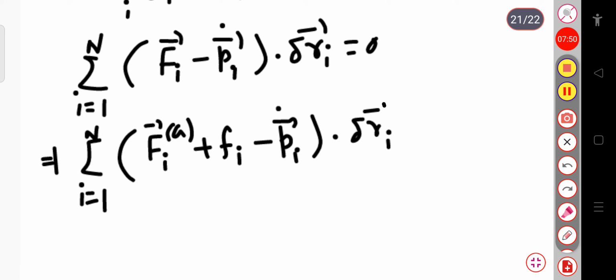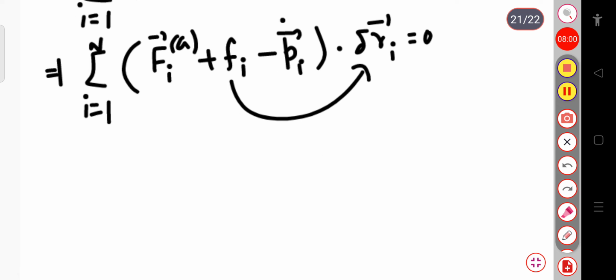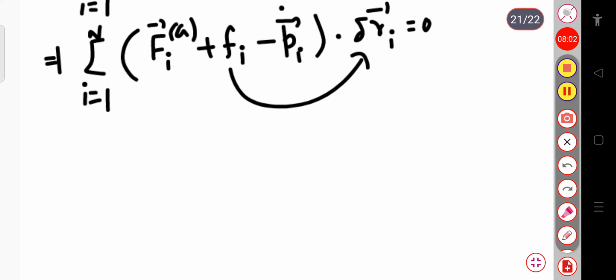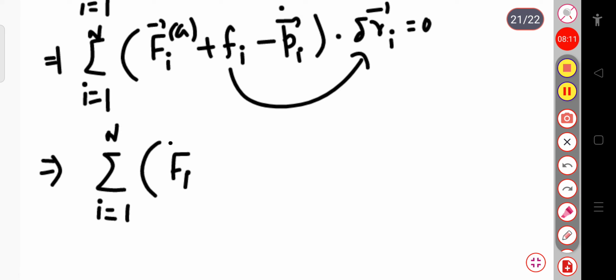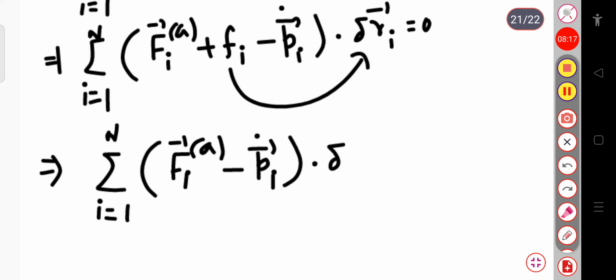And here I am saying that in case of the virtual work, the force of constraint is 0, or we can say that the virtual work, that is Fi constraint dot delta ri, is 0, that is the constraint force is 0. So we can write this equation as the sum over i equal to 1 to n of Fi applied minus Pi dot, delta ri, this is equal to 0.